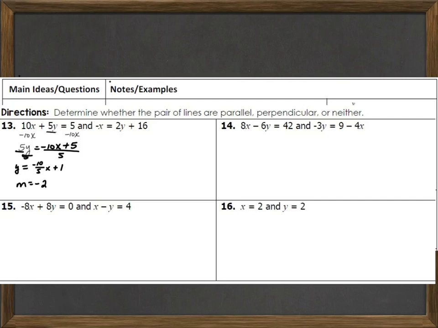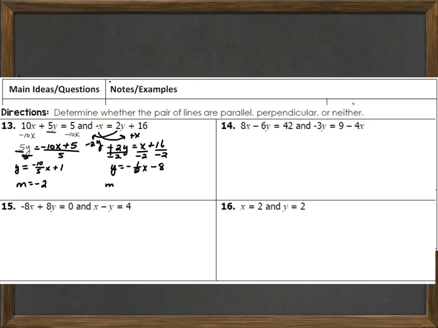So the next line, I need to move the x over here so it'll become plus x, and move the 2y over here so it becomes minus 2y. So we end up with negative 2y equals x plus 16, and divide by negative 2. So this becomes positive y equals negative 1/2 x minus 8.